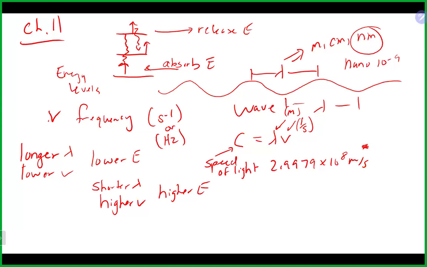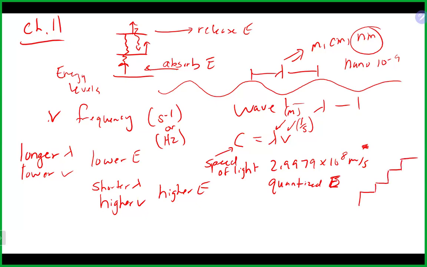Now, the other idea that we talked about, and we'll continue to talk about in this chapter, is how energy is released and absorbed by electrons in atoms. Is this idea of quantized energy? The idea of quantized energy is the staircase example we might have talked about last time.